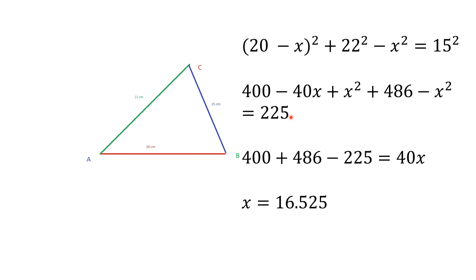So I've got to solve this for x. Well, conveniently, x squared and minus x squared equals 0. And so that goes away. We got an x term and three numbers. So we're going to isolate our three numbers, 400 plus 486 minus, because it's on the opposite side, and so the technique is to subtract 225 from each side, minus 225.